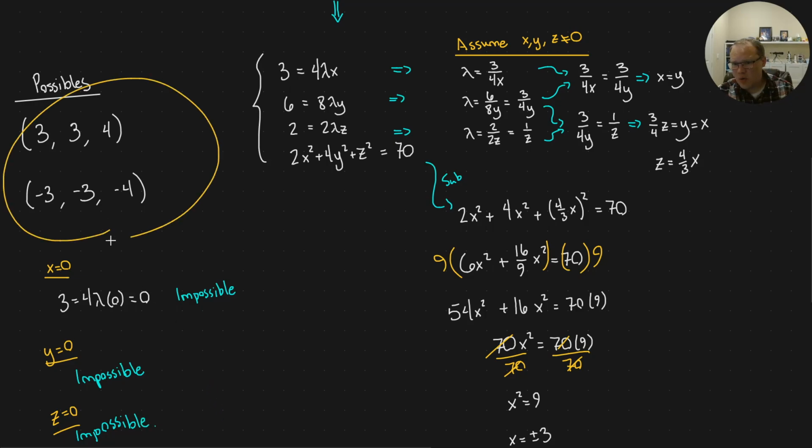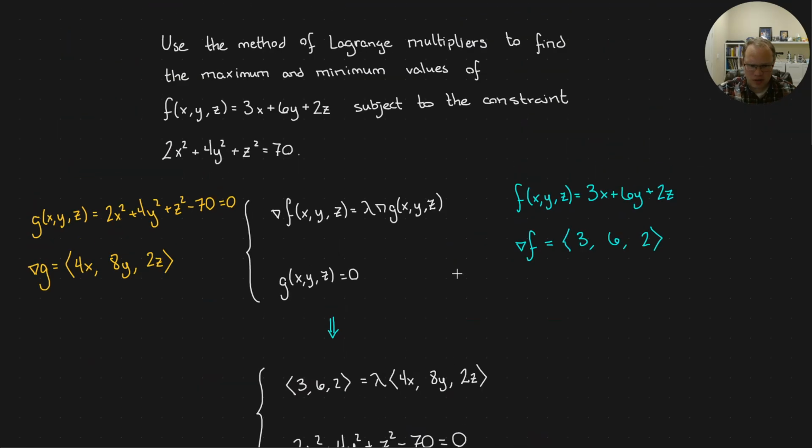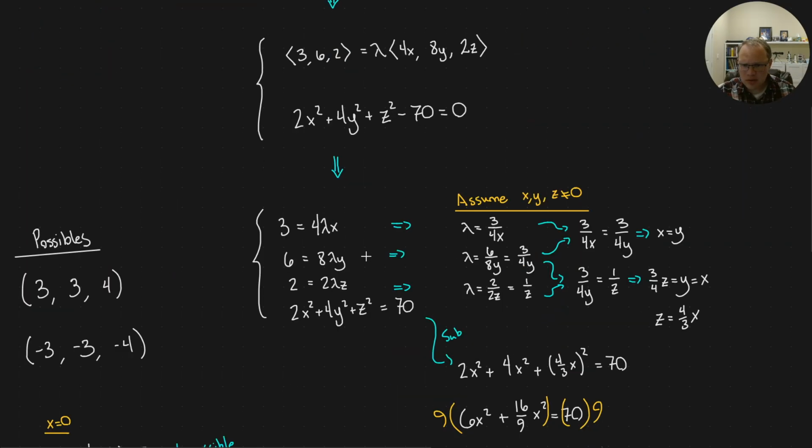So these are the only two places we have to look, which means one of them better be our absolute max, and one of them should be our absolute min. All right, so we're going to plug them into our function, which was 3x plus 6y plus 2z. Numbers are simple enough, I don't need a calculator.